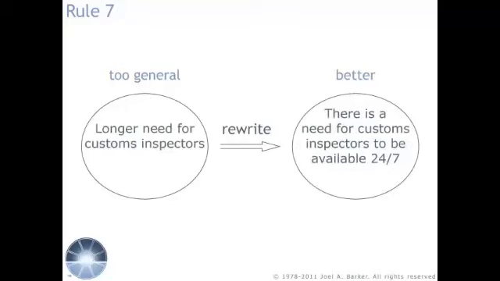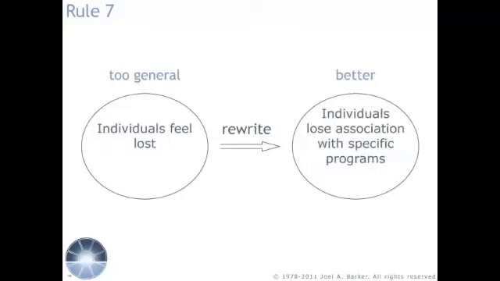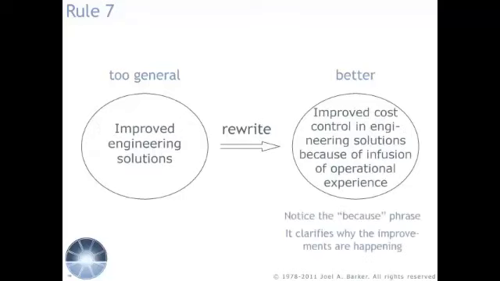Not longer need for custom inspectors, but there is a need for custom inspectors to be available 24/7. Not individuals feel lost, but individuals lose association with specific programs. Not improved engineering solutions, but improved cost control and engineering solutions because of infusion of operational experience.